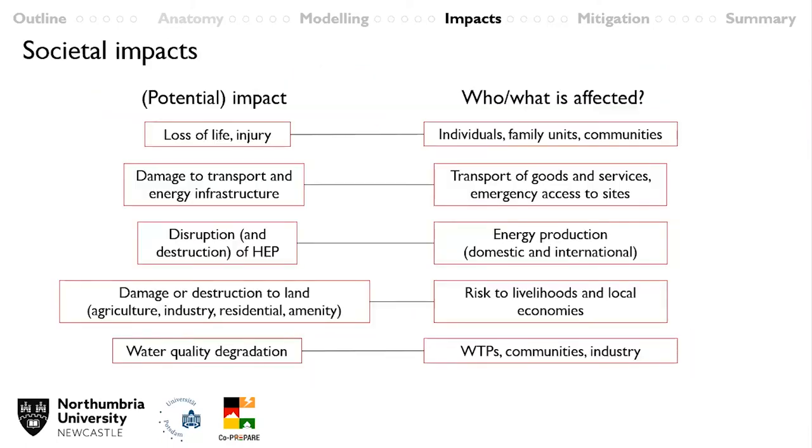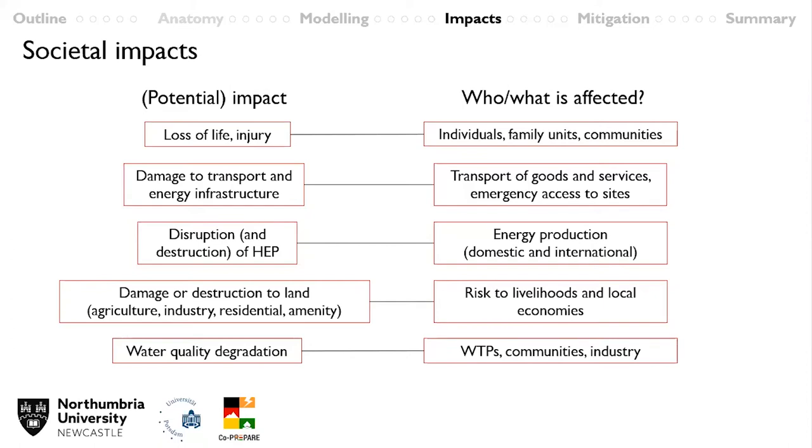In terms of the societal impacts, again, this is by no means an exhaustive list. These are just some of my initial thoughts. But when we think about the potential impacts of a glacial lake outburst flood and who or what is affected, then we have obviously loss of life and potential for injury as well, which affect individuals, family units and communities, damage to transport and energy infrastructure, which can affect transport of goods and services and, importantly, emergency access to sites immediately following a glacial lake outburst flood.